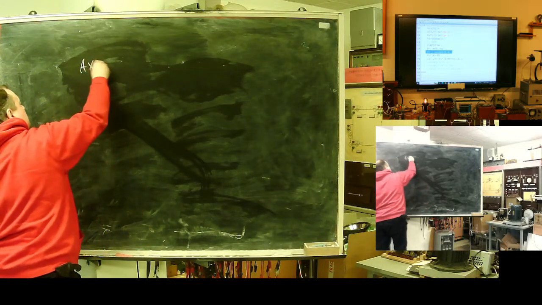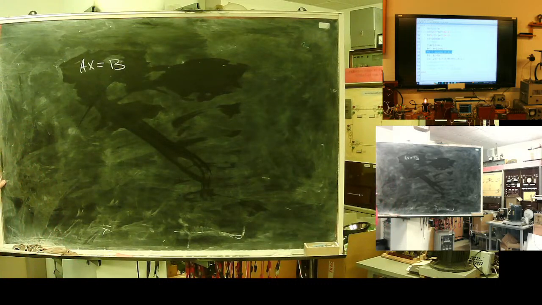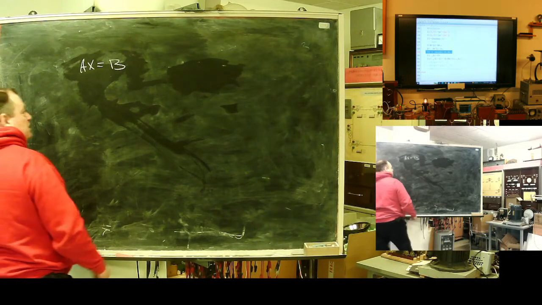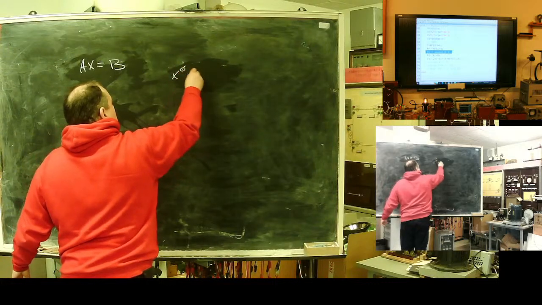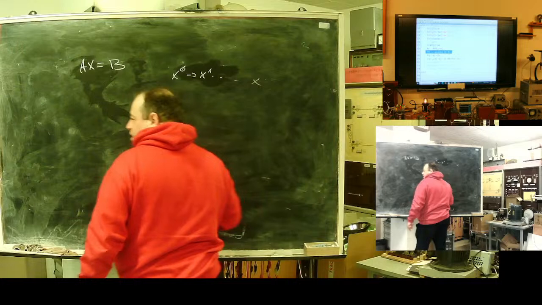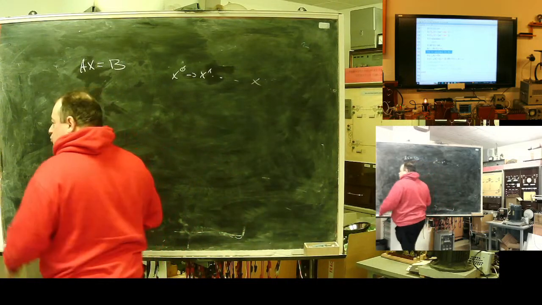If you have system Ax = B, and convergence conditions are met, you can solve it in the way x0, x1, and so on, and each of them will be closer to the real solution.